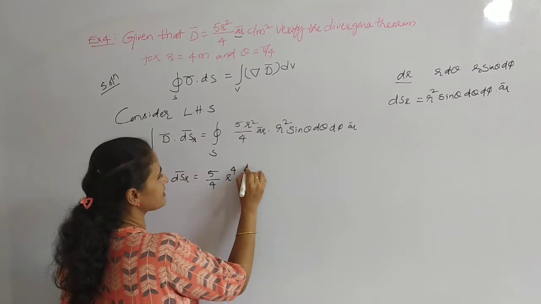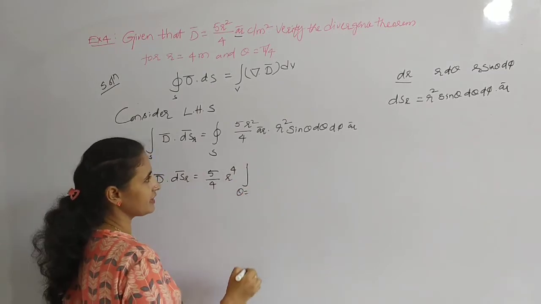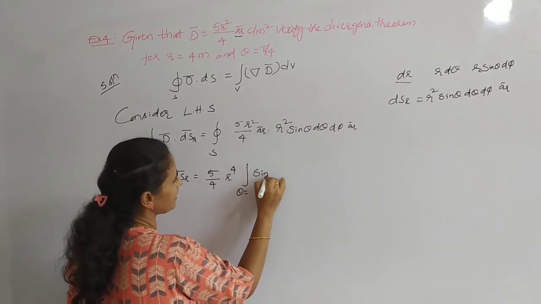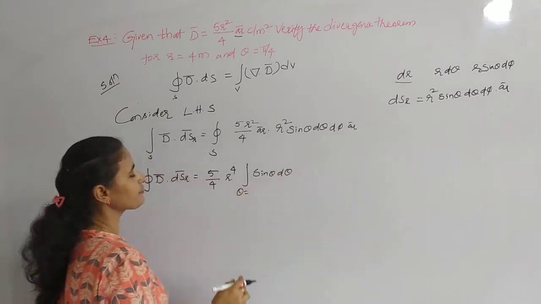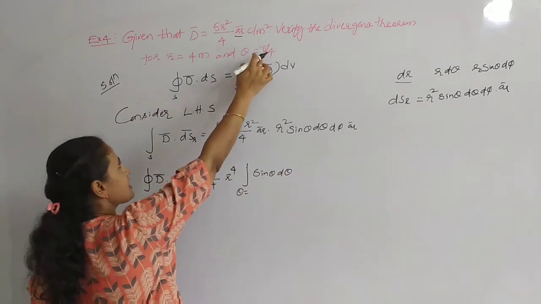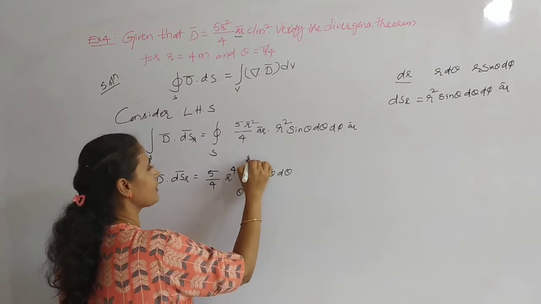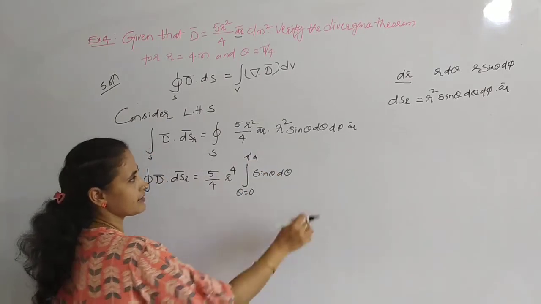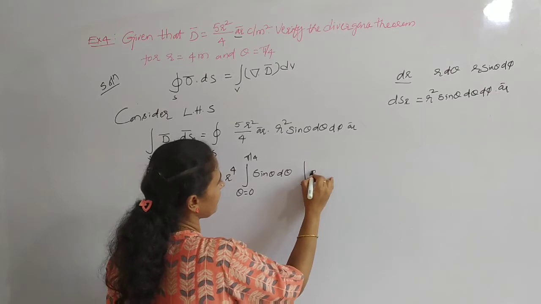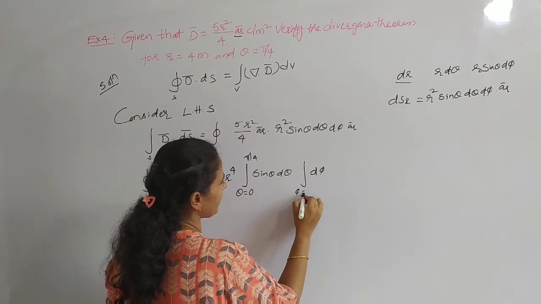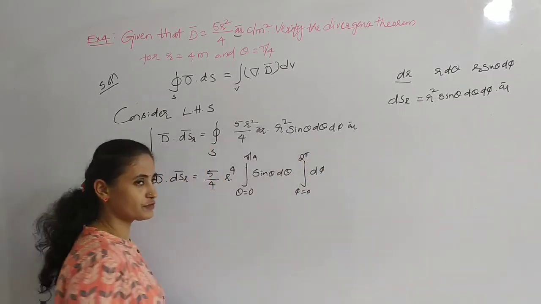Over the surface integral, one integral is for theta, which is sin theta d theta, and the theta limits are from 0 to pi by 4, and the second term is d phi, and the limits of phi are 0 to 2 pi.